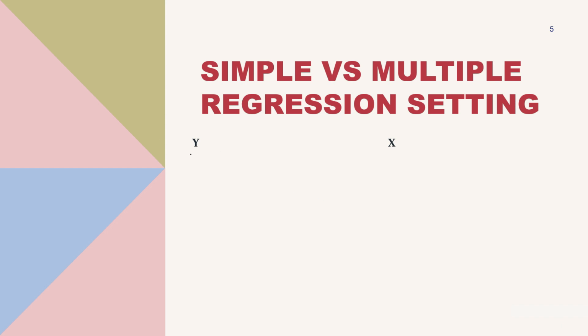So suppose I want to predict weight of individuals on the basis of their height. Then we can use simple linear regression. Why linear regression? Because the outcome variable is weight, which is continuous in nature. And why simple? Because we are using only one x variable.